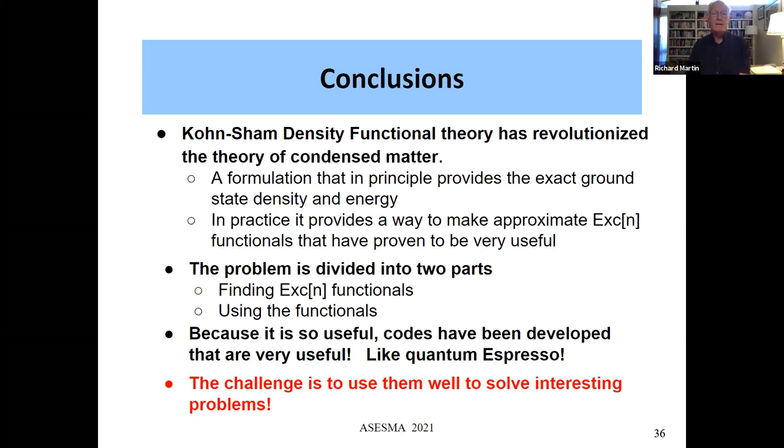The part of the secret is that the problem was divided into two parts, with smart people working on each of the two parts. Because it's so useful, the codes have been developed that make it very useful, like Quantum ESPRESSO.